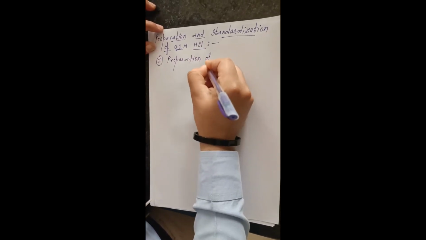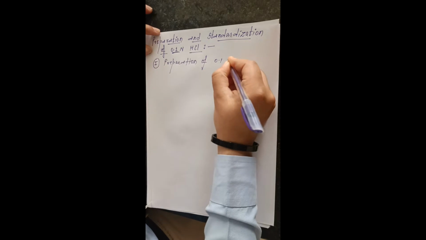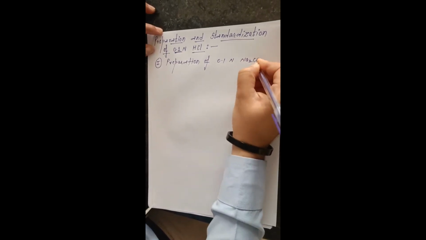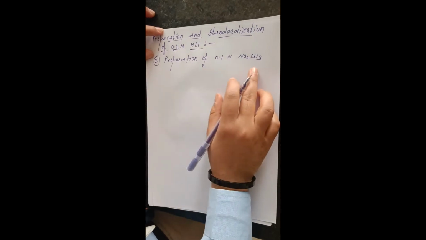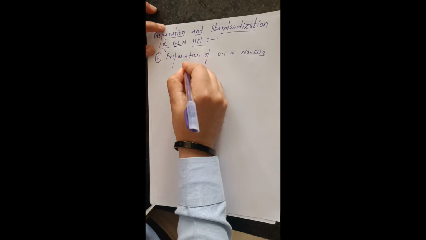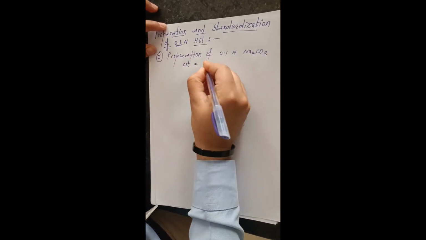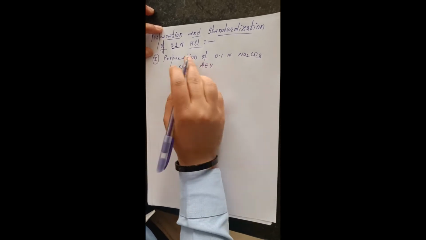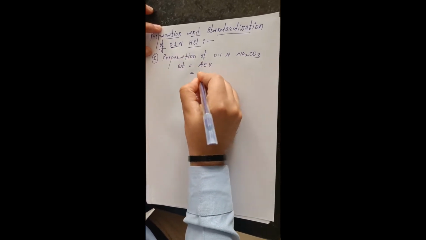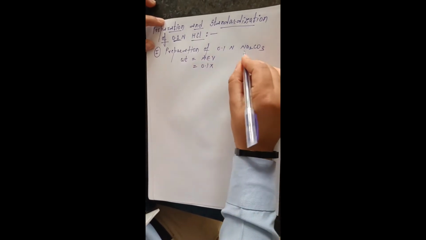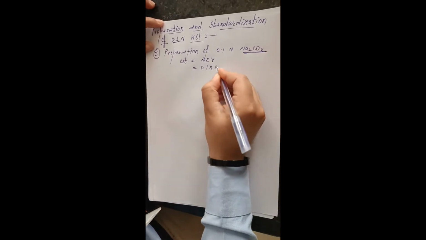So it will be the preparation of 0.1 normal Na2CO3. It is in solid form, so we will apply the formula weight equal to N e V. N here is 0.1. The equivalent weight of sodium carbonate is 53.